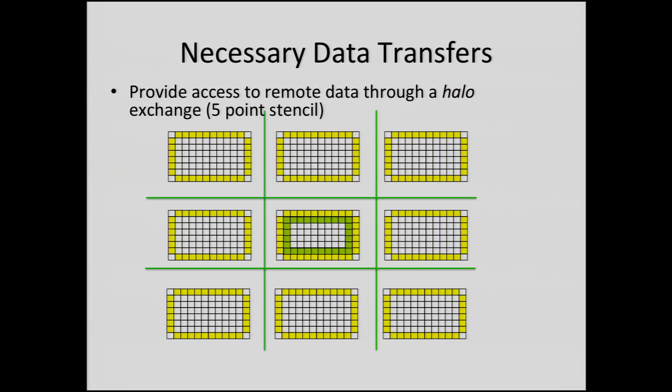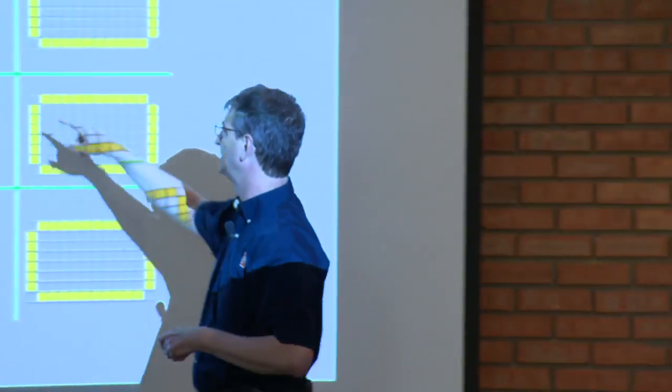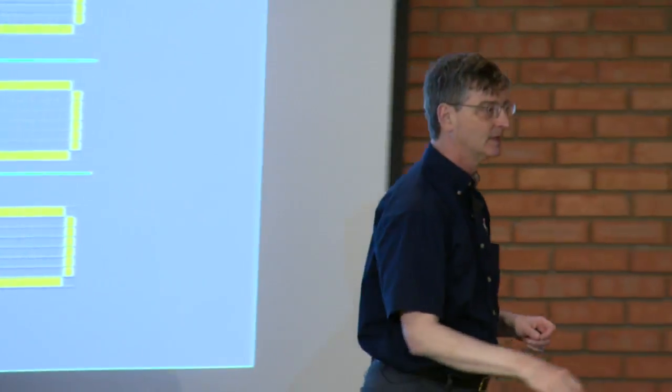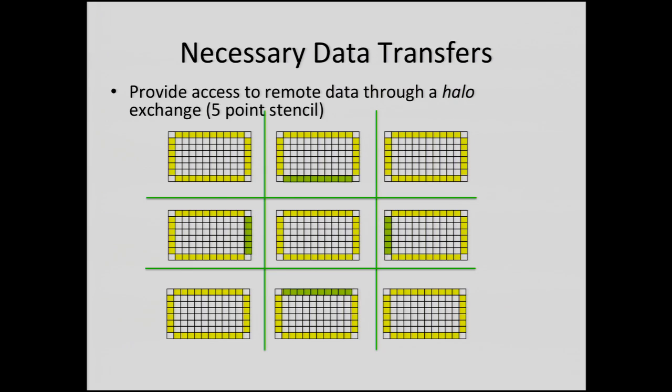Okay, so remember, this interior piece is the part of the global grid that I own. Right? And I've added these edges around it. So what I can do is I can send my edges to the neighbors in the copy locations.